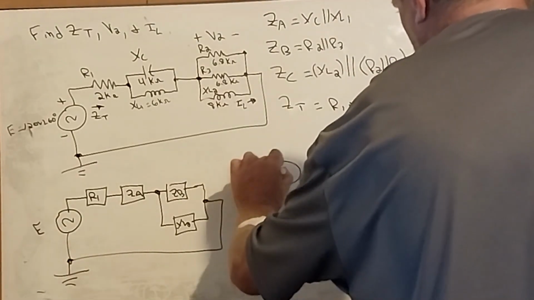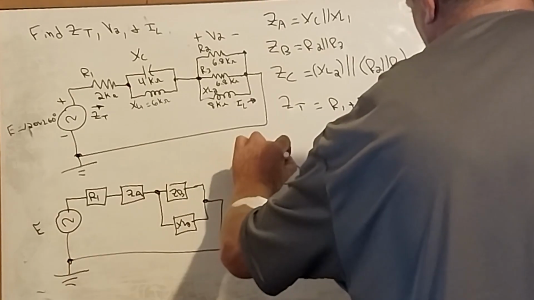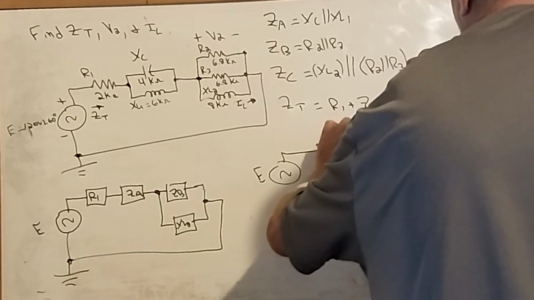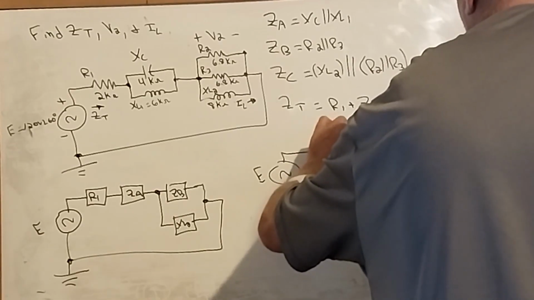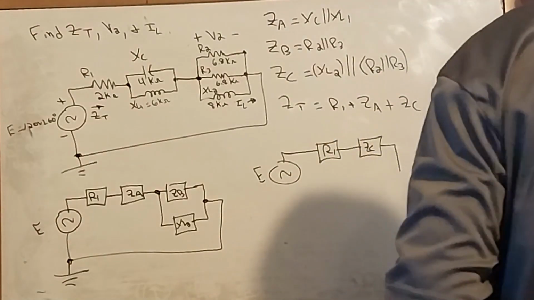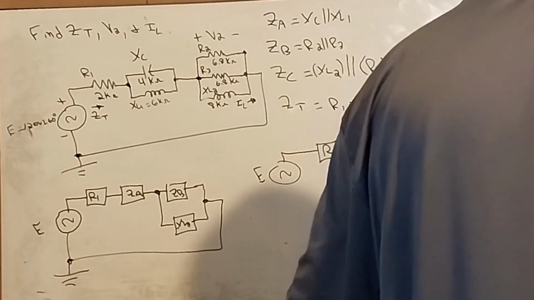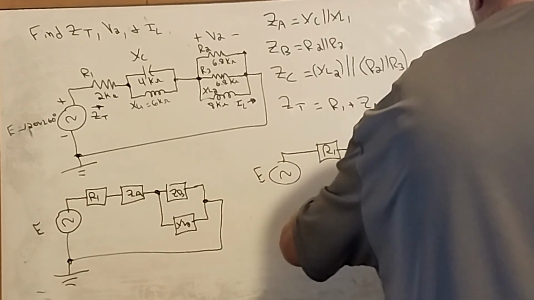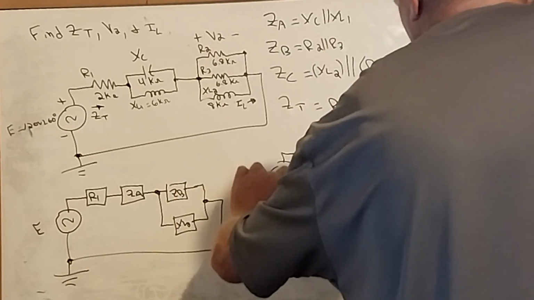So we'd have this. This is Z sub C. R1 plus Z sub A plus Z sub C. So this is the total circuit.